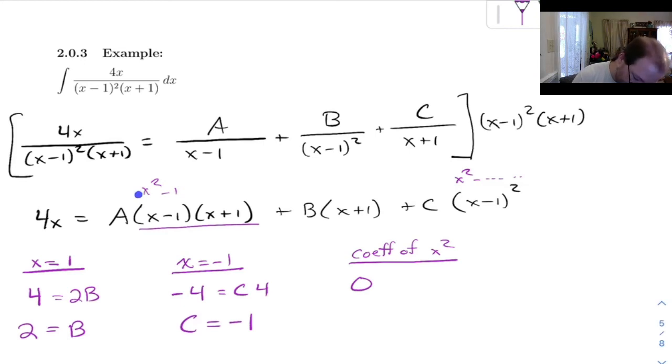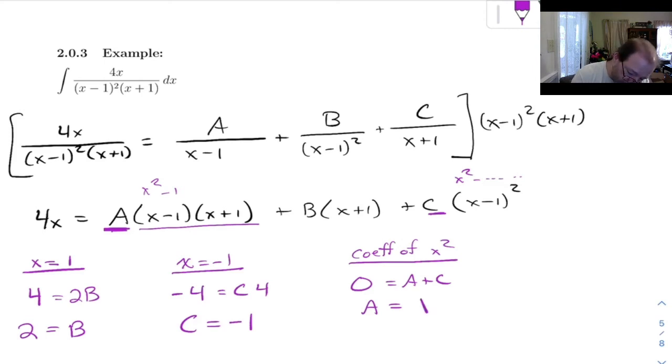At least its coefficient inside here is 1. So we get, for our coefficient of x squared on the whole thing, A plus C. So this gives us that if A plus C is 0, that means A is -C, so A is 1.